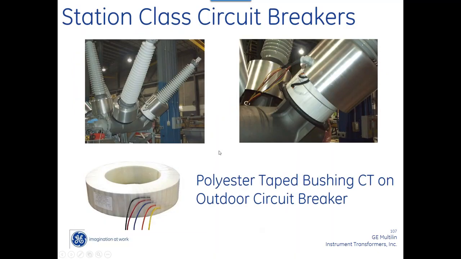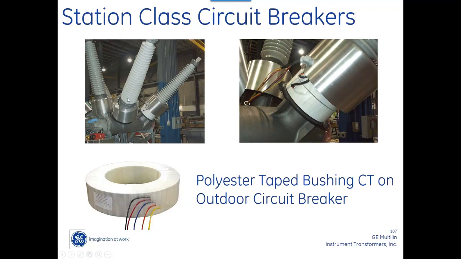You'll see station class CTs. Actually, I said 35 kV, but this is actually a 600 volt CT. The switchgear manufacturers, like GE Hitachi right here in Atlanta, or Arriva, which is the GE, are actually using 600 volt CTs on a 69 or 72 or 128 or 250 kV system.